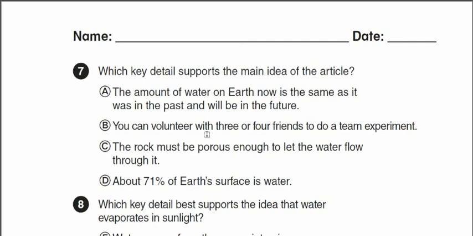C, the rock must be porous enough to let the water flow through it. D, about 71% of Earth's surface is water. The main idea of our article here is the water cycle. So letter A is talking about the amount of water which is related to the water cycle. So it will be the best key detail to support our main idea. The answer here would be letter A.